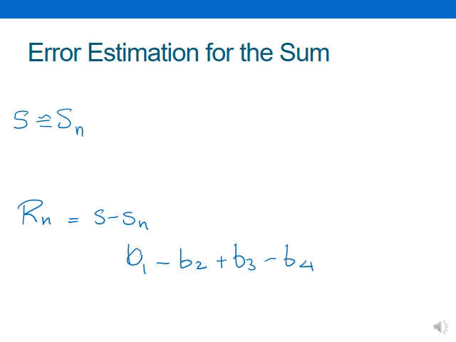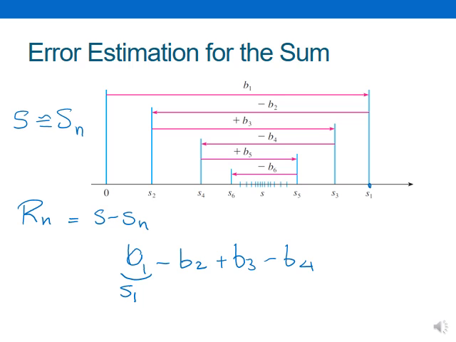If I consider this the first partial sum S1, and then subtract b2, where b2 is less than b1, then definitely S2 will lie here, greater than 0 and definitely less than S1, and so on. I'm going to add b3 to this S2 to find my S3, and I'll find it here.